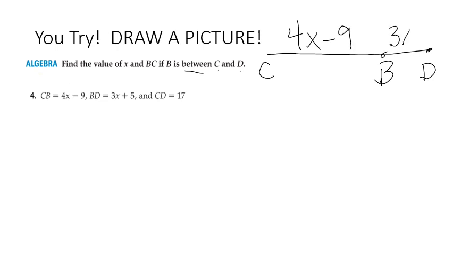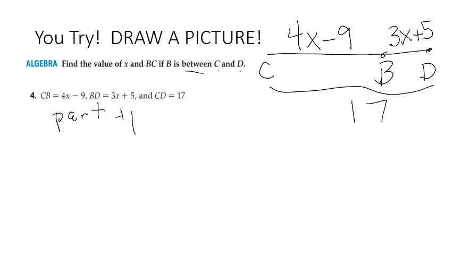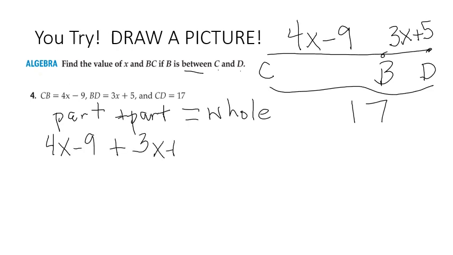BD is 3x plus 5. And CD is 17. So remember, part plus part equals whole. So one part is 4x minus 9. The other part is 3x plus 5. And the whole is 17.